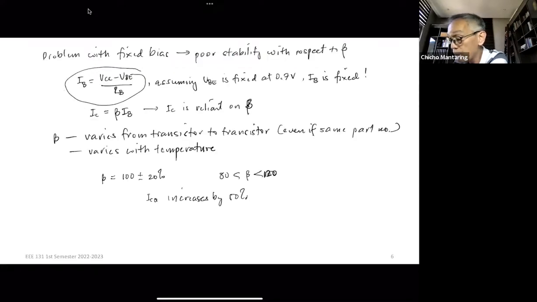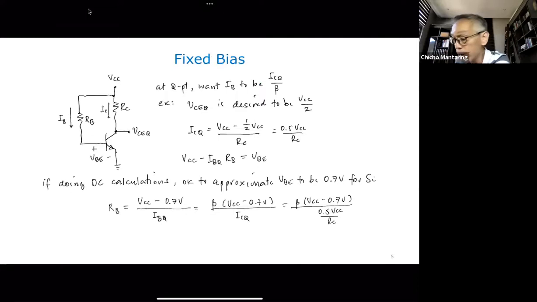By the way, I forgot to mention, how do you apply your input voltage here? I mentioned that already last time. To apply the input voltage, you capacitively couple it. The capacitor acts as an open circuit to DC, so the DC current created at RB will be totally used to bias this transistor. None of this current is going to go to the input.